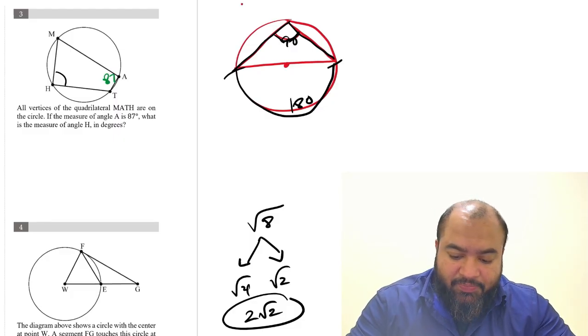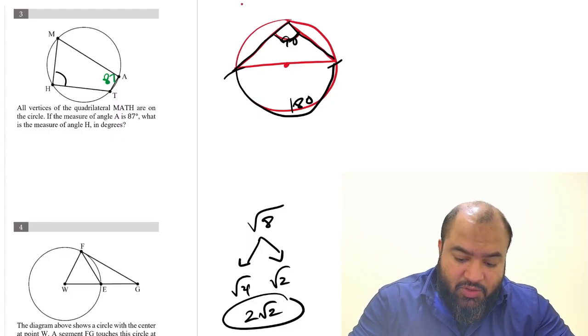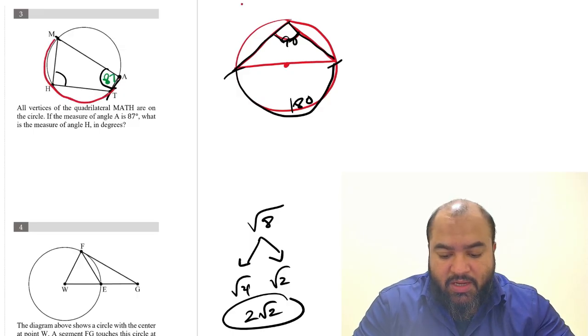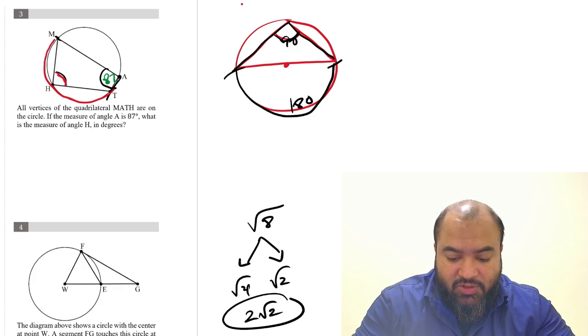So similarly, this angle here, 87, covers the arc from here to here, okay? And this angle here, H, covers the arc of this one.